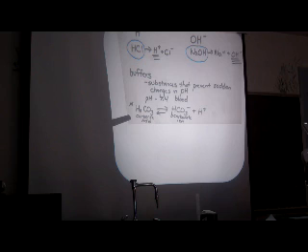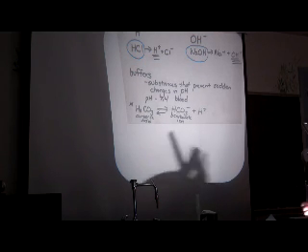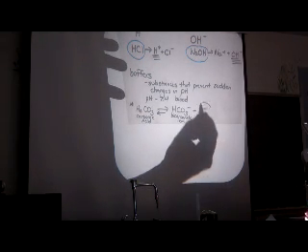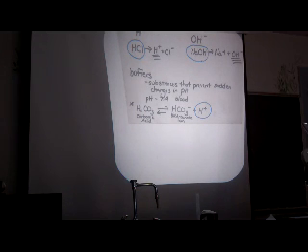Because if this reaction goes to the right, it's going to make more of these guys right here. And that'll make my blood acidic. So if my blood's too basic, this reaction will go to the right and make those hydrogen ions, bringing the pH of my blood back to where it needs to be.